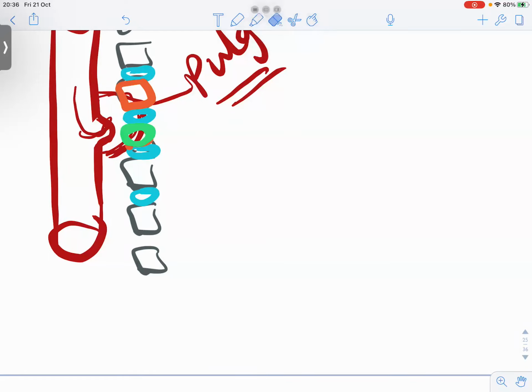And after some time, the disc will be dislocated, because you know what causes stabilization of the disc? The vertebral bodies.